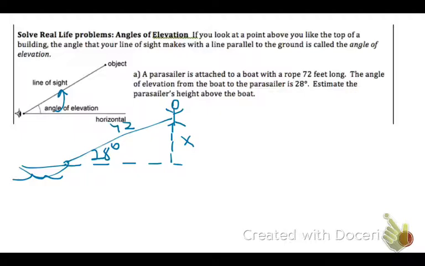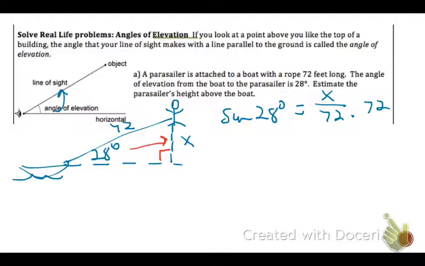I know this angle, and I want to know the side that's opposite, and I know the hypotenuse. So I think, what trig function uses opposite and hypotenuse? That would be sine. So the sine of 28 degrees is some height, we're not sure, over 72.